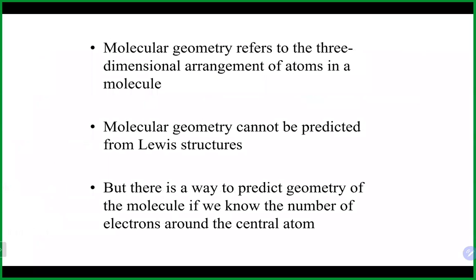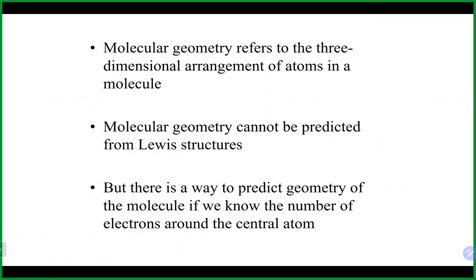Now, when we do geometry, it does refer to that three-dimensional arrangement. We can make a good prediction about the geometry based on what we see around the central atom when we draw a good Lewis structure.